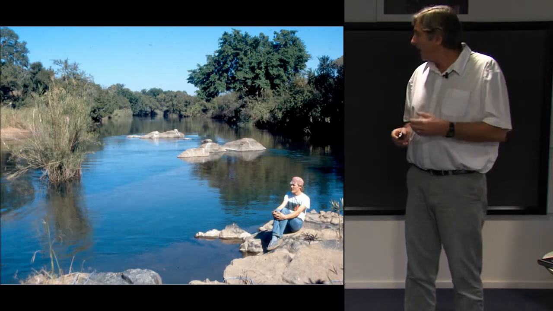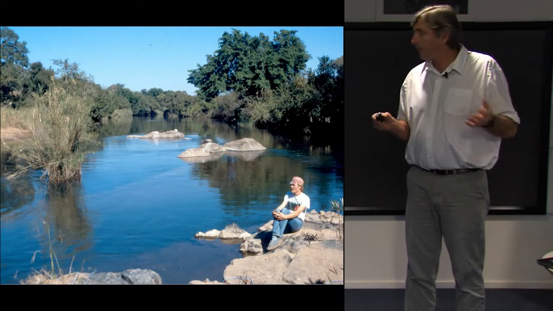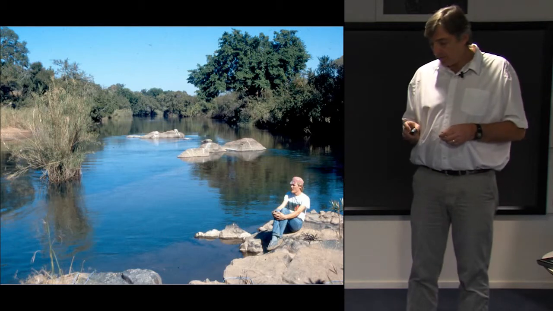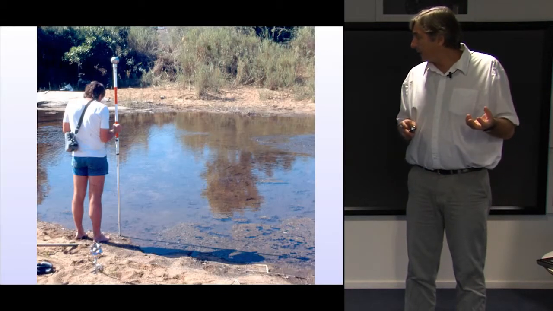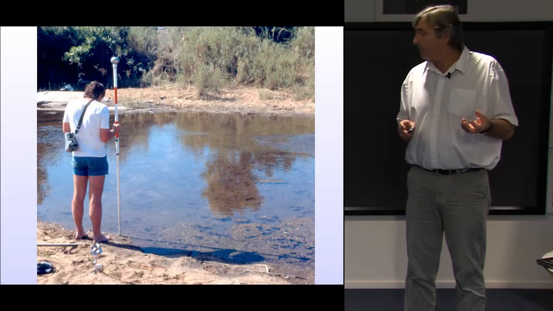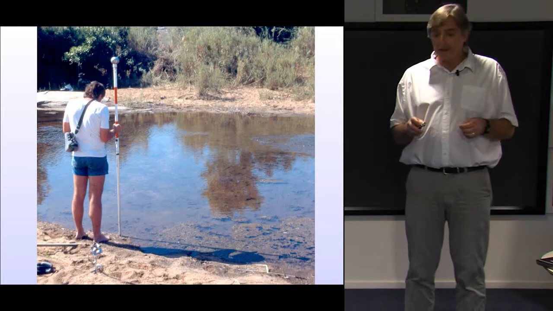So what they were looking at, or what their hypothesis was, was that you've got these natural bedrock and boulder sections of the river with abundant riparian vegetation gradually changing to these sandy bed sections of the river as sediment is deposited, with reeds consolidating them.